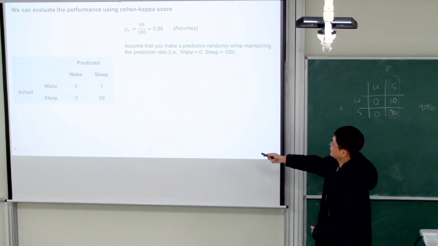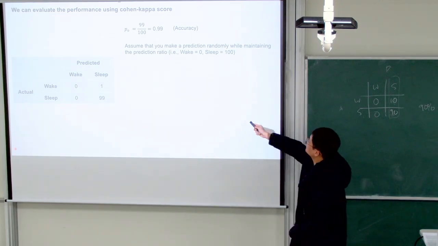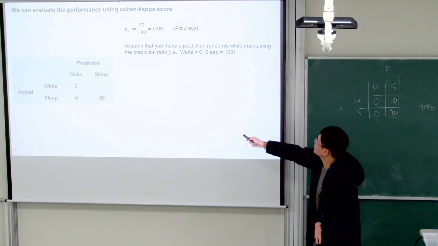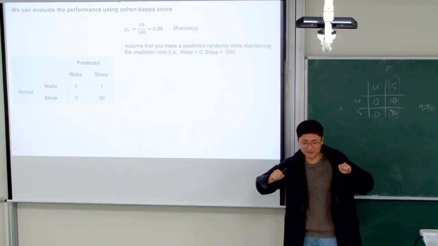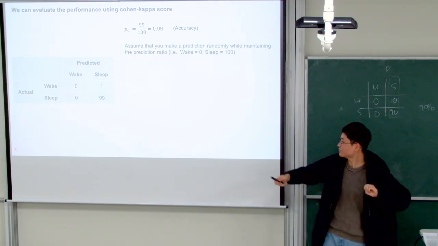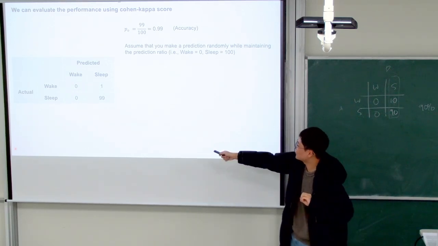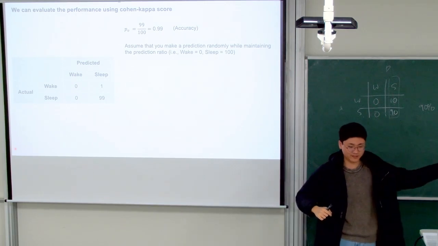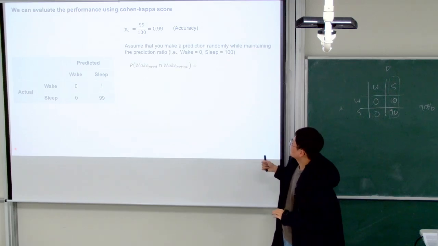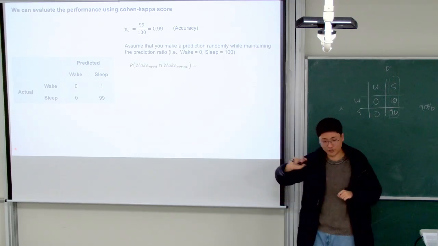So let's assume that we make a prediction randomly while maintaining the prediction ratio. So we just randomly predict wake, but we maintain the ratio. That means we don't predict any wake, but we will say the sleep. Then we give a random prediction.